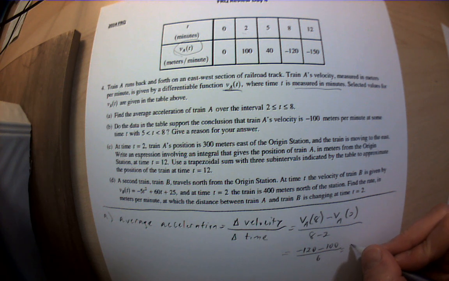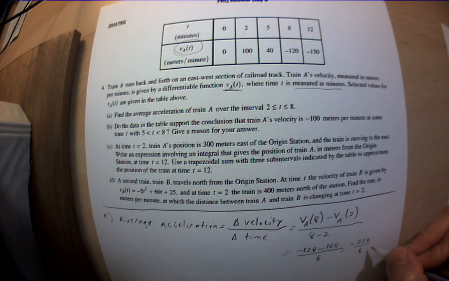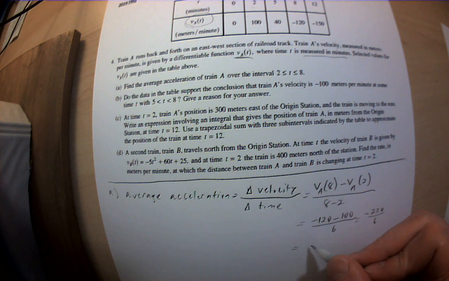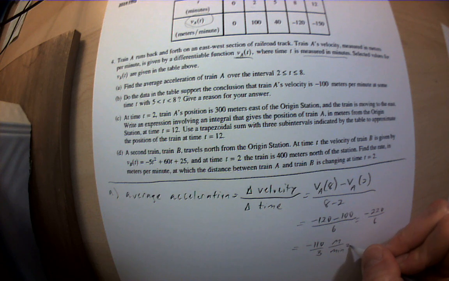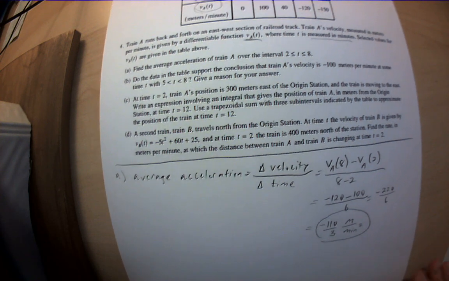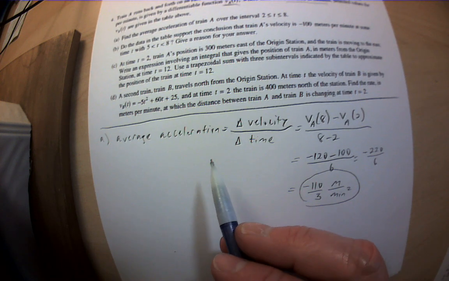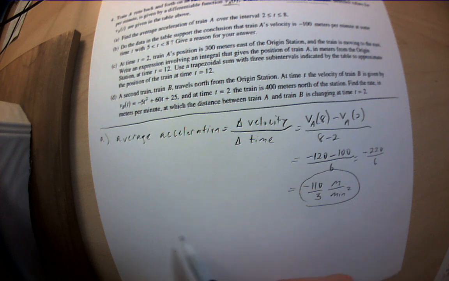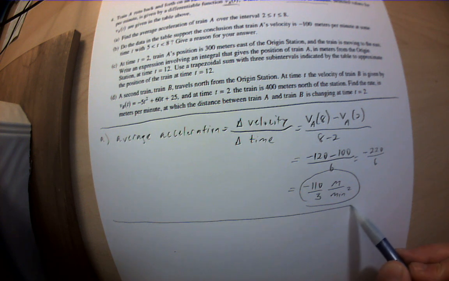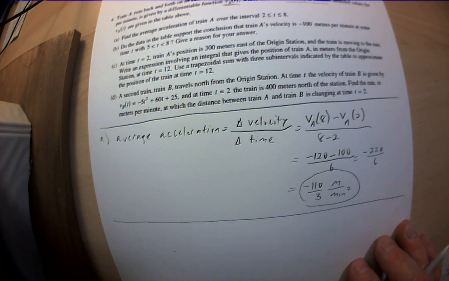That's negative 220 over 6. So guys, it's equal to negative 110 over 3 meters per minute squared. Okay? They give you 1 point for that. It's easy, but it's one that you guys often miss when they're talking about average acceleration, average velocity, average rate of change. I'll talk about it in an upcoming class period, but that's what they're looking for.